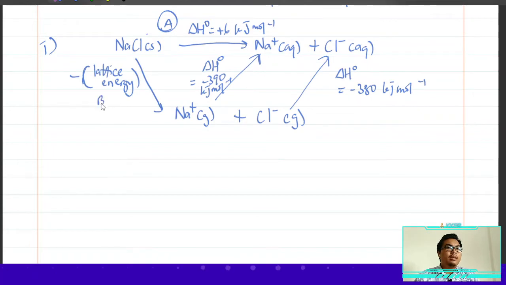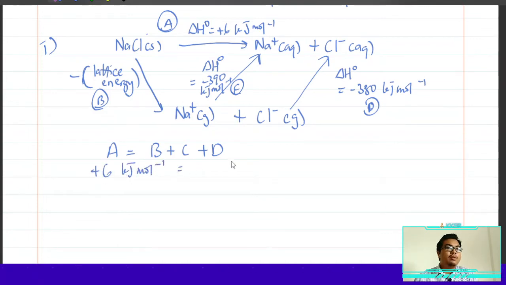So katakanlah ini B, let's say this one is C, this one is D. Okay, so according to the Hess law, A, dia punya value of enthalpy of A will be equals to B plus C plus D.